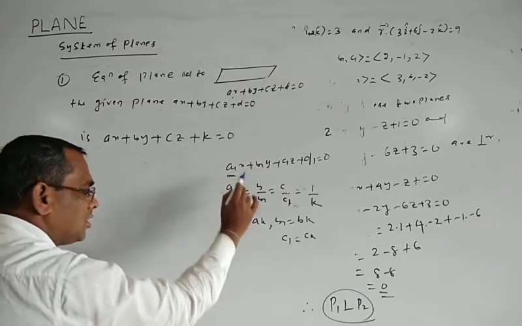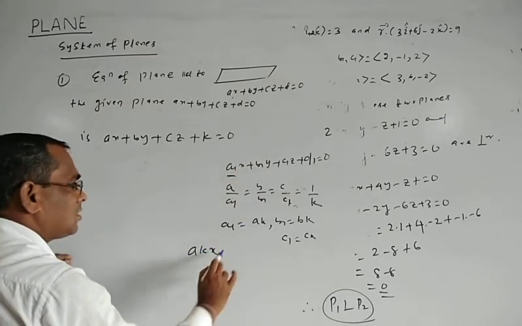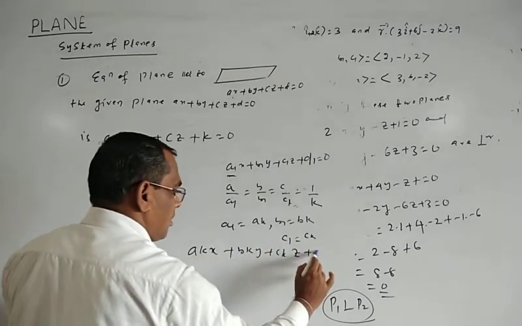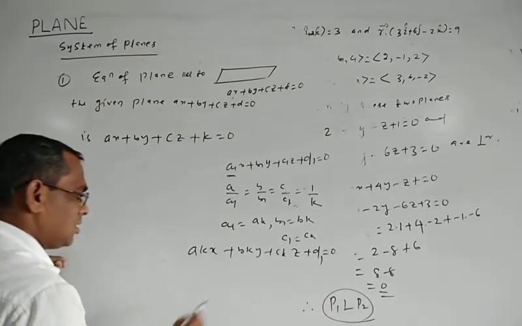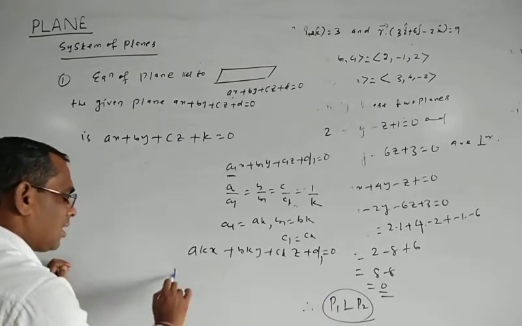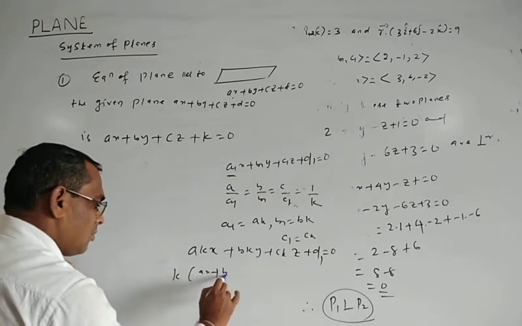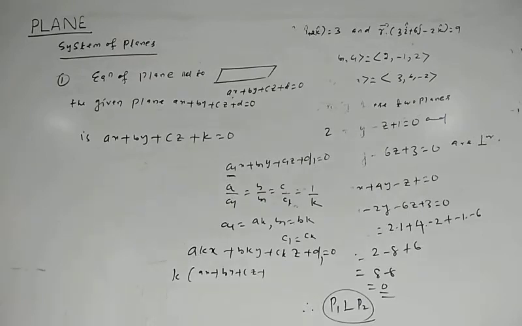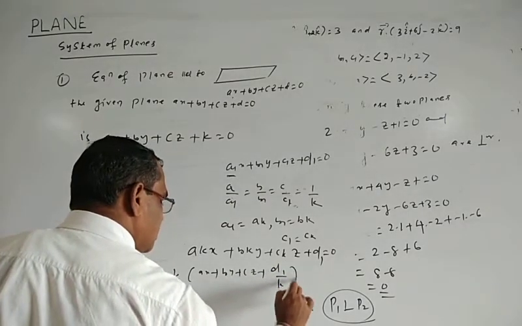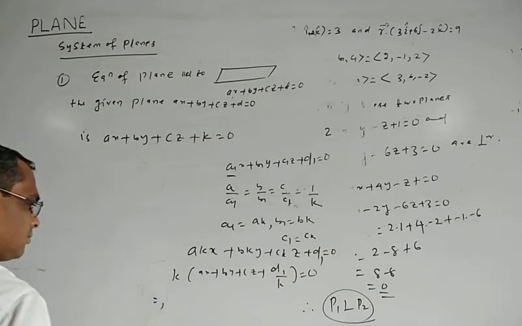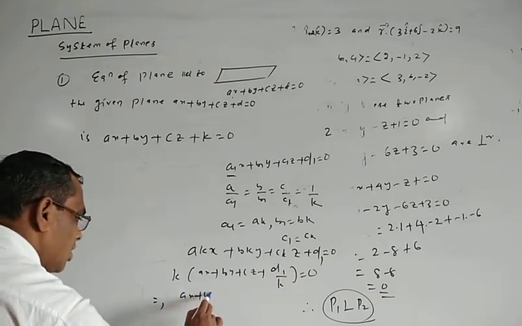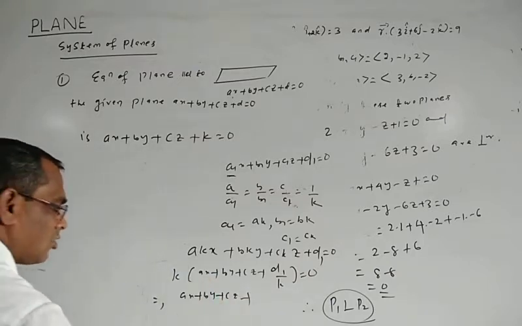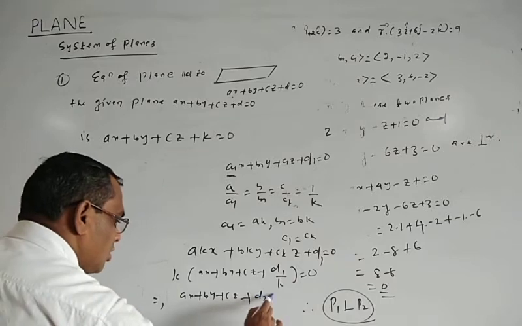So putting the values of a1, b1, c1 in the equation of the parallel plane, we get akx plus bky plus ckz plus d1 is equal to 0. Taking k common, that is ax plus by plus cz plus d1 by k is equal to 0, and that implies ax plus by plus cz plus d2 is equal to 0, where d1 by k is another constant.